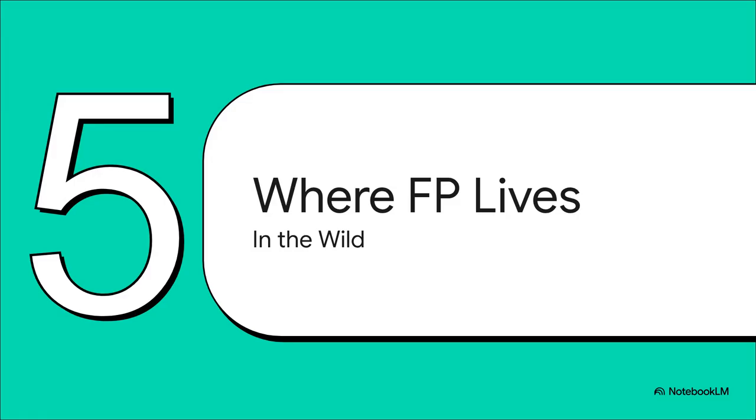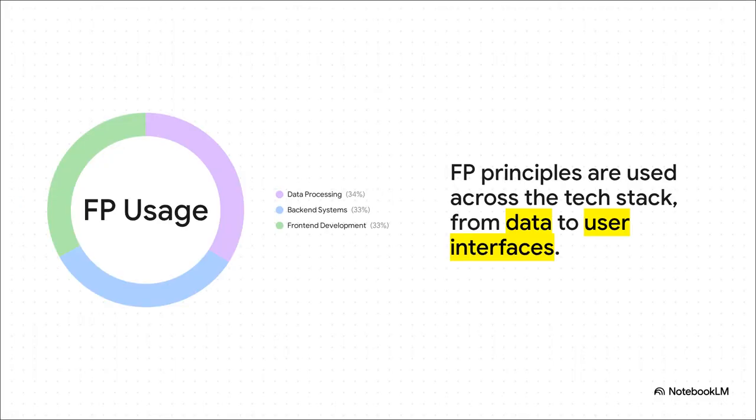And you know, this isn't some abstract theory that's just stuck in a computer science textbook. These functional ideas are out there, in the wild, powering a lot of the technology that you and I use every single day. You'll find FP principles all over the place. They are a massive deal in data processing, especially when you're working with huge amounts of information. They're also key to building back-end systems that are reliable and can handle tons of traffic.